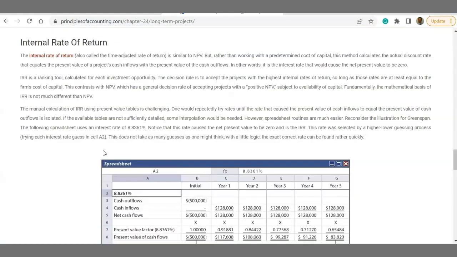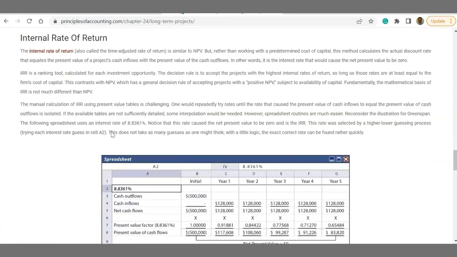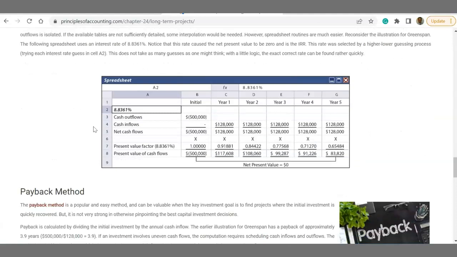Let's see if we have an example here. It needs a little trial and error to find the proper interest rate to make the net present value 0.